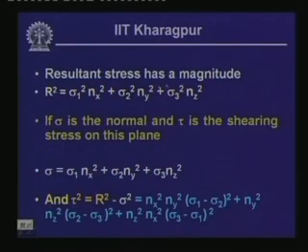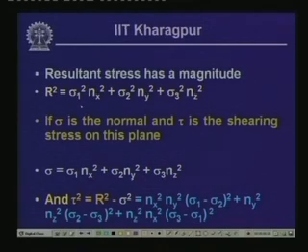So, the resultant stress r square in terms of sigma 1, sigma 2, sigma 3 is equals to r x square plus r y square plus r z square, which is equals to sigma 1 square n x square plus sigma 2 square n y square plus sigma 3 square n z square.